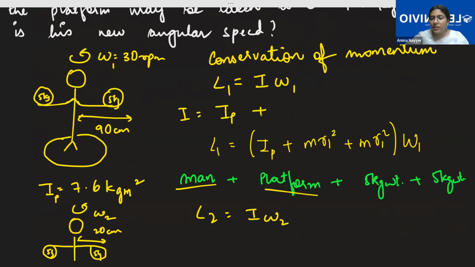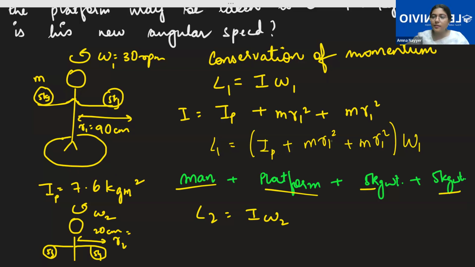For the 5 kg weight, mass is there, separation is there, that is 90. Let's say this is R1 and this is R2. So this will be M R1 square, and the last 5 kg weight will be plus M R2 square. Now you put this net moment of inertia's value here, and we get L1 is equal to IP plus M R1 square plus M R2 square, into omega 1.